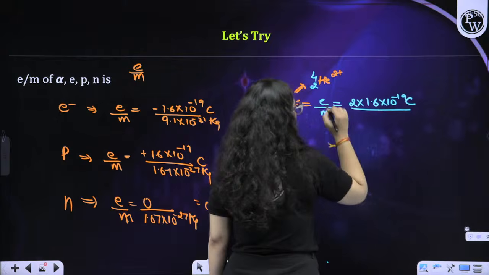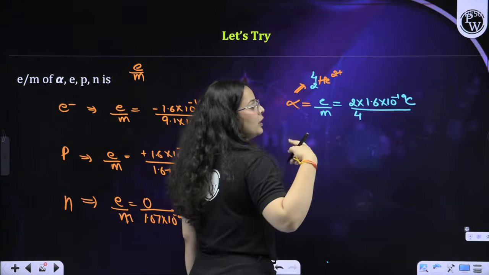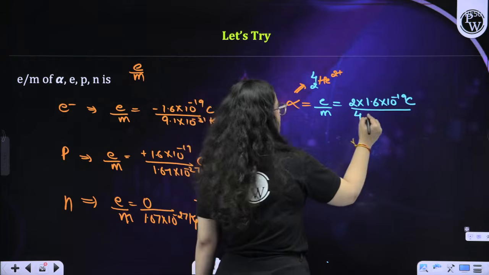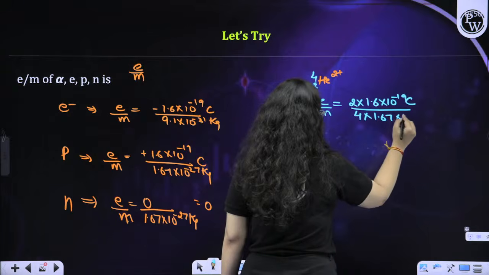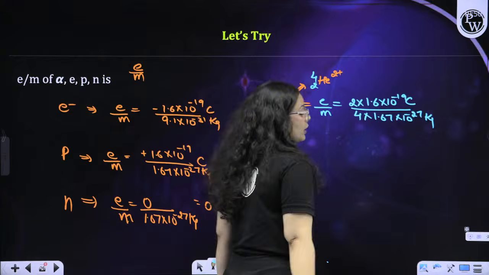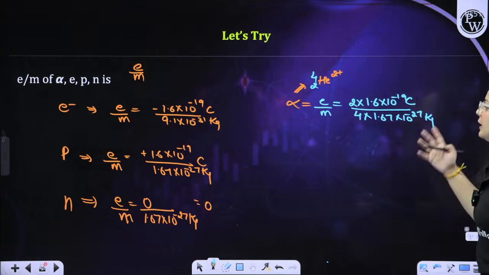The mass of the helium particle is 4 amu. If you want to convert amu to kilograms, just multiply by 1.67 × 10^-27 kg. Amu can be easily converted to kilogram units by this simple conversion, right? So this is how you get it.